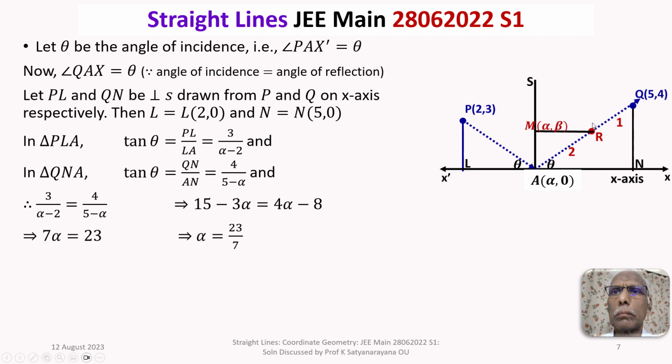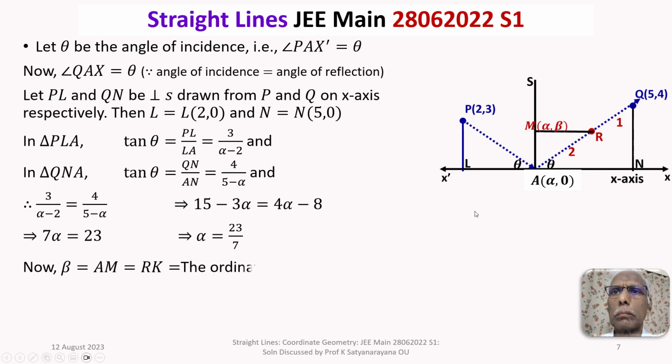And how do we get RK? RK is the ordinate of R, which we can obtain by the section formula, because the coordinates of A and Q are known. That will be (1 times 0 plus 2 times 4) by (1 plus 2).